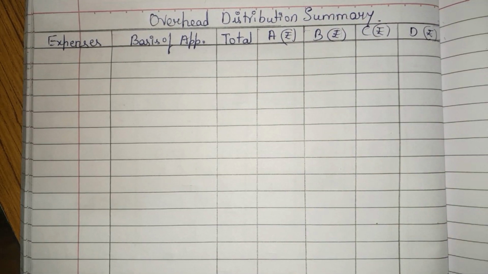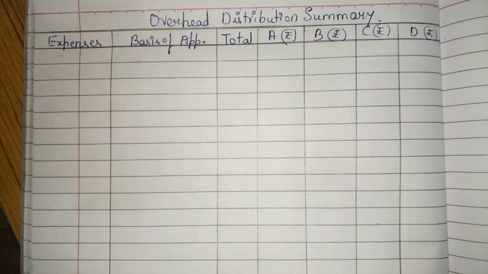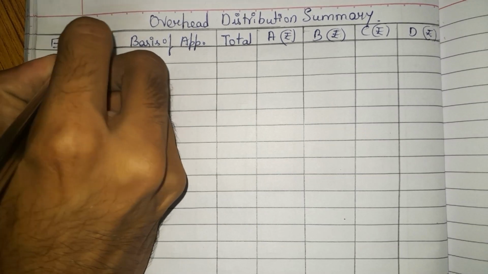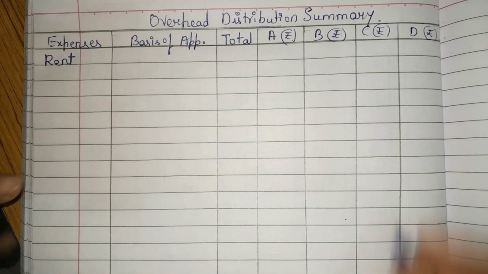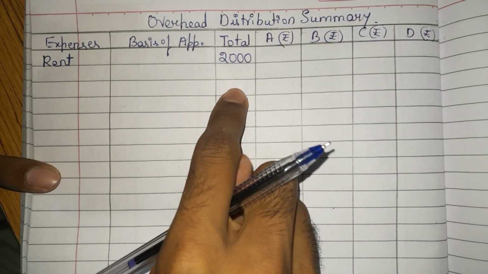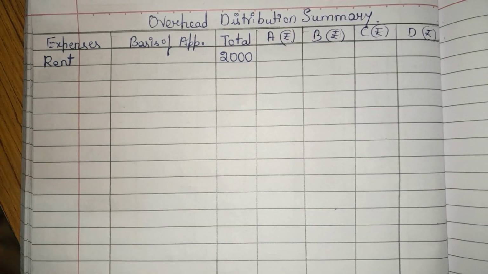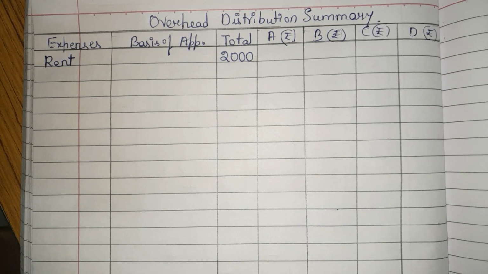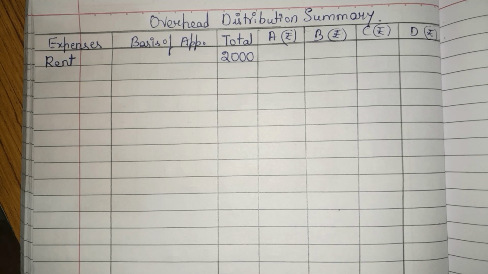Now first, what they have given in the question, we'll take that. In the expenses column, first they have given rent, so write that rent here. What is the total amount of rent? 2000. Write that 2000 rupees here. Now in our introduction video we have discussed the basis of apportionment, meaning on what basis we need to divide or apportion the total expenses.